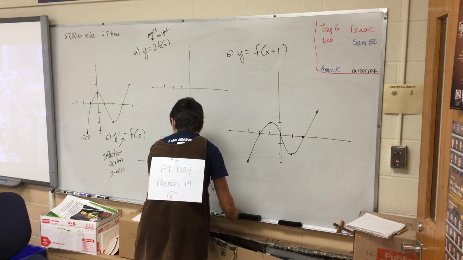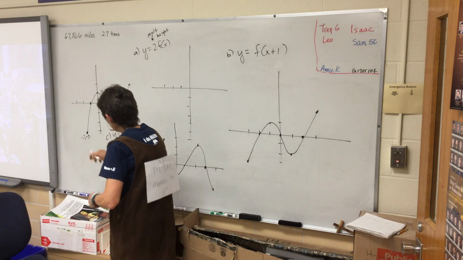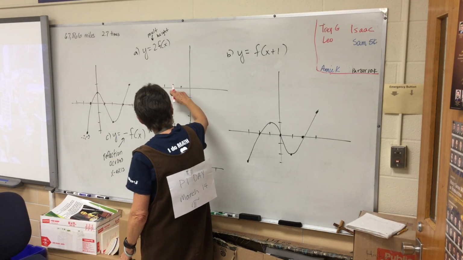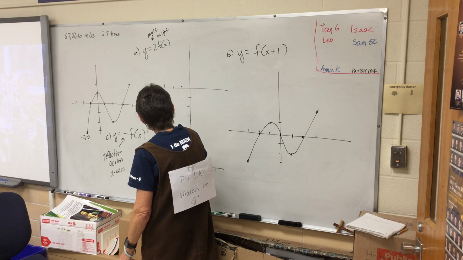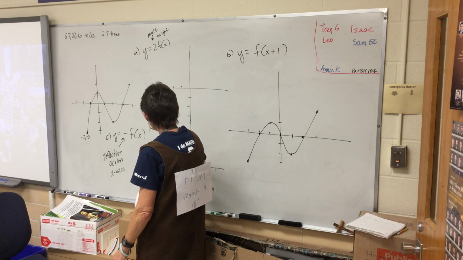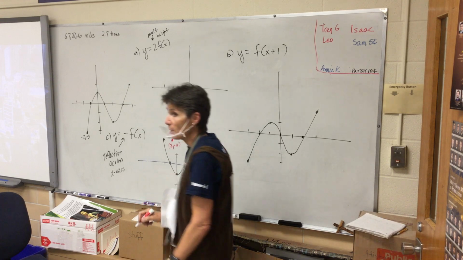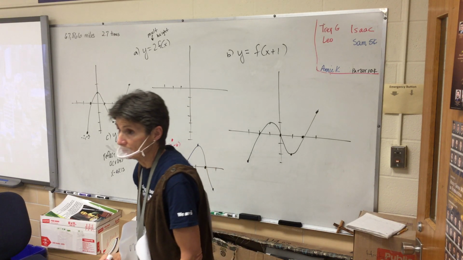It used to go down to -3. Well, now it's going to go all the way down to -6. So that's the point to -6, because my y got doubled.